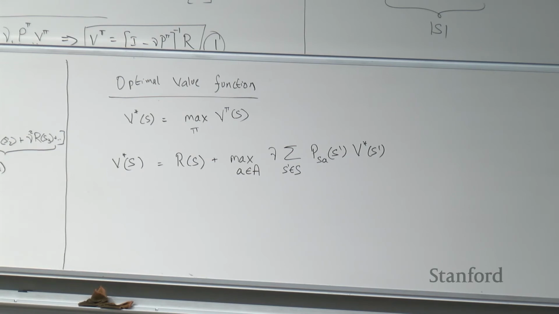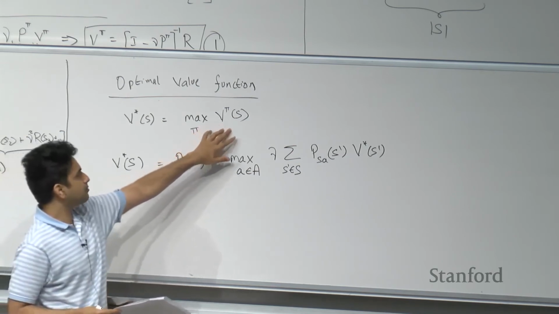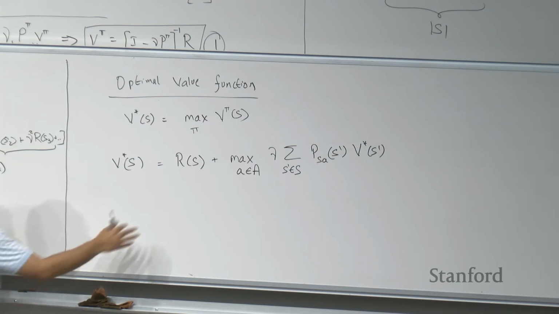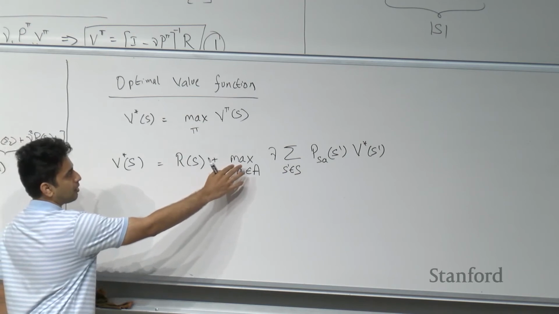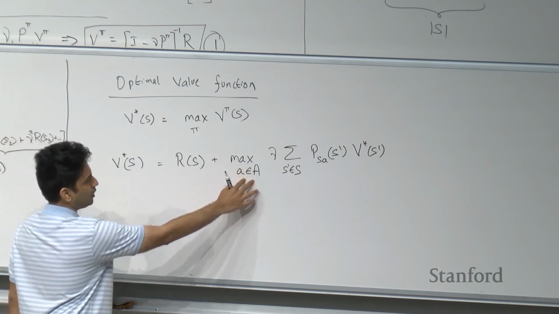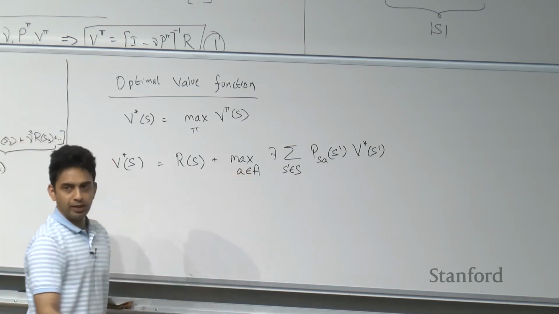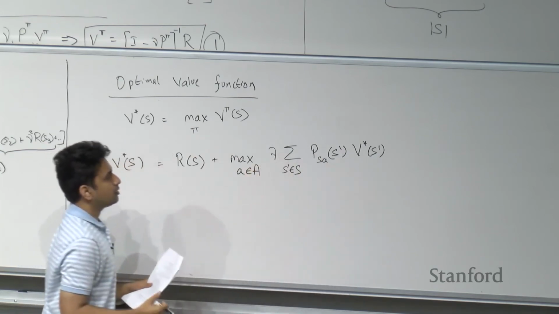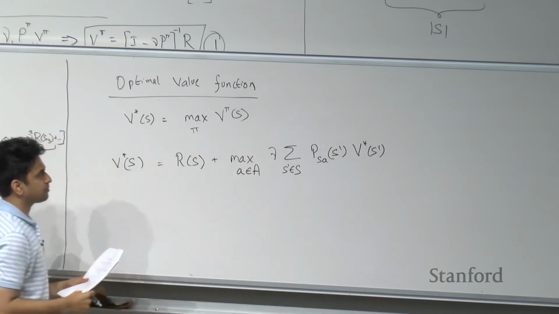We plugged it in, and note that R of S is a constant that does not depend on a or on pi, because the policy only tells us what's going to happen in the future, whereas the reward is what we already got. So it's going to be R of S plus the max over a in the action space, what is the action that we need to take such that we maximize the sum of the future rewards.